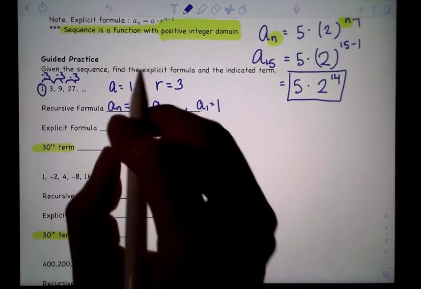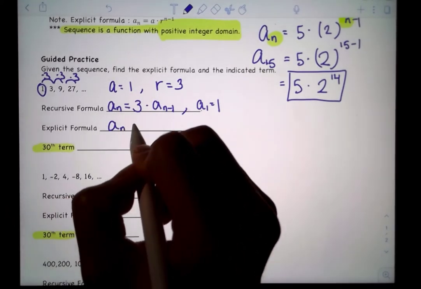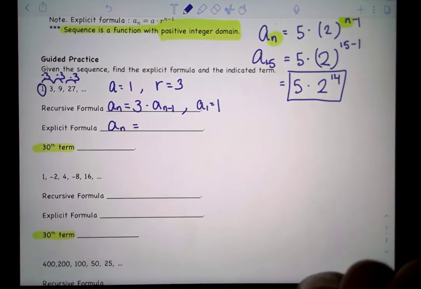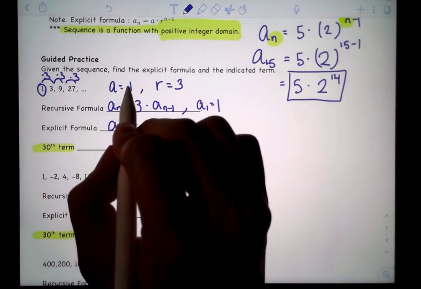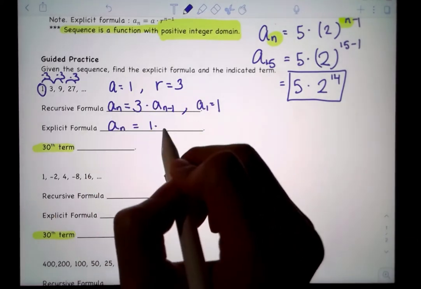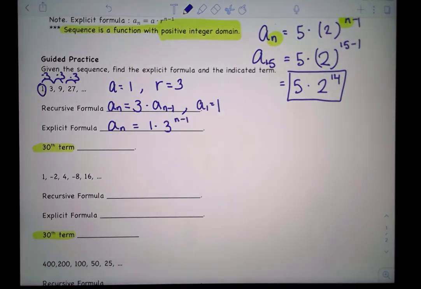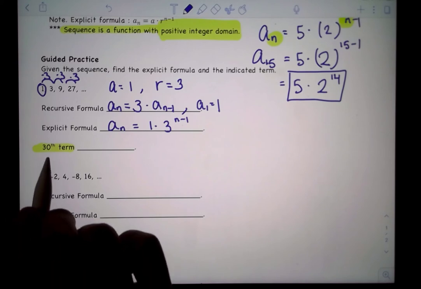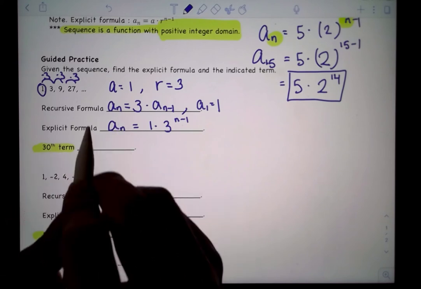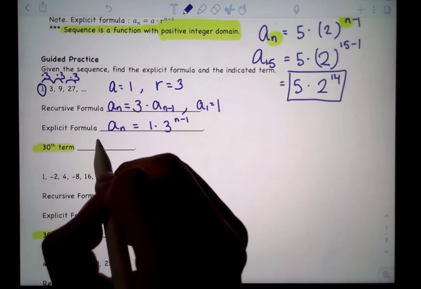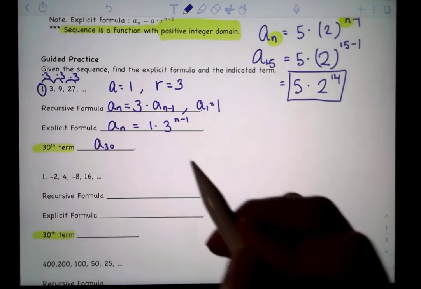Okay, that's the recursive form, right? The explicit formula: a n equals a r to the n minus 1. A, which is 1, r to the n minus 1, like this. So this is my explicit formula. And 30 is the term. I want to get 30. The question asks you, find a30, right?